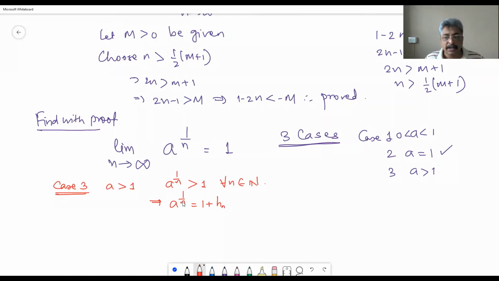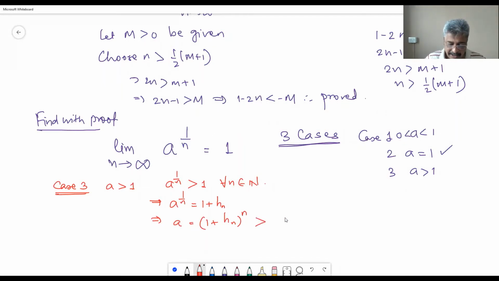So converting the inequality into an equality, this gives us a is equal to (1 plus h_n) raised to n, where n is a natural number.